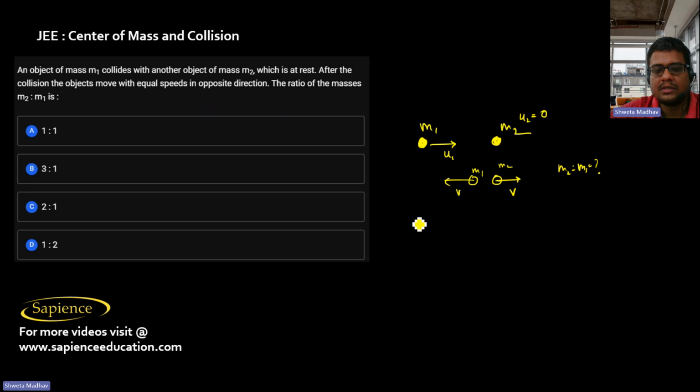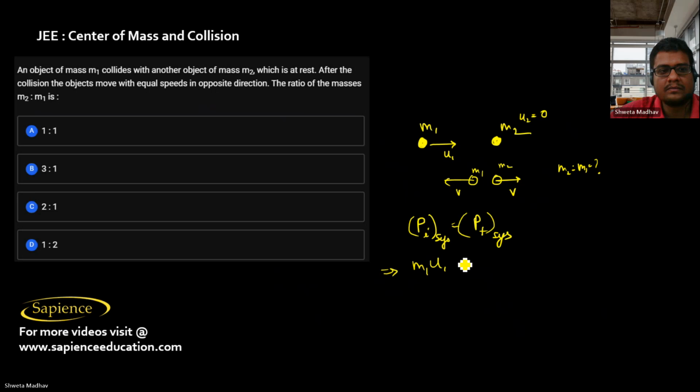So here we have to apply the principle of conservation of linear momentum of the system. The initial momentum of the system will be equal to the final momentum of the system, since the momentum of the system will remain conserved. So the initial momentum of the system will be equal to m1 u1 plus m2 u2, that is equal to m1 v1 plus m2 v2.